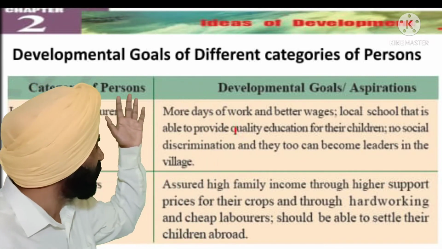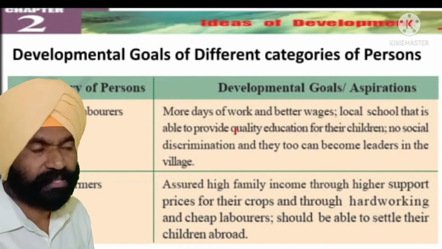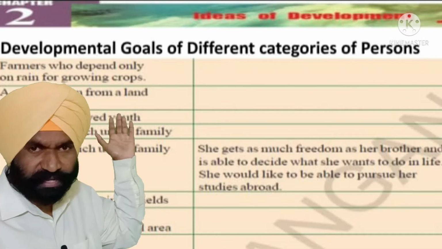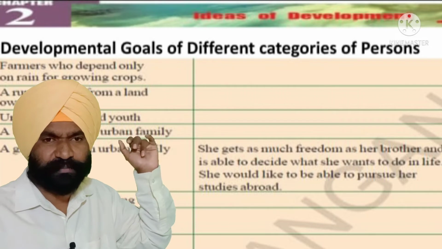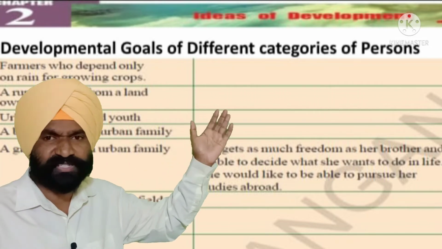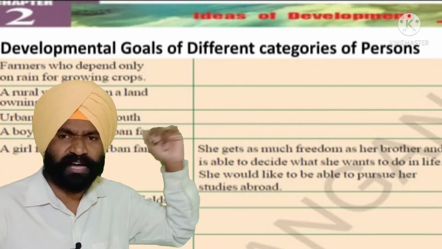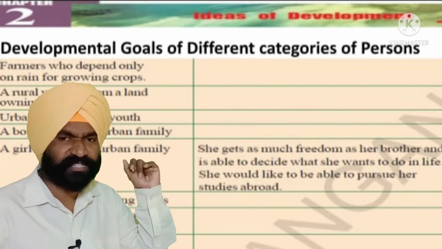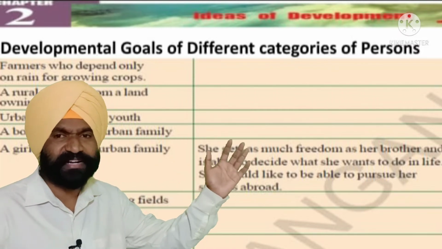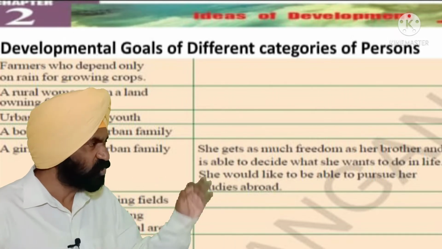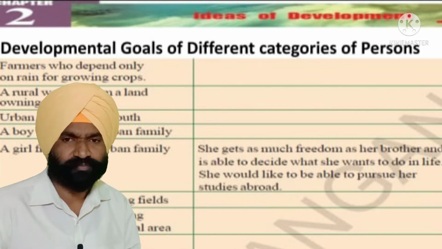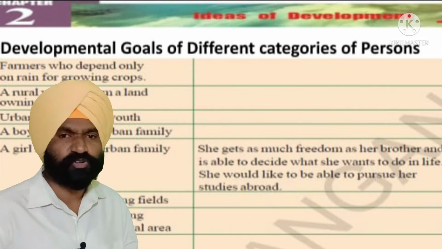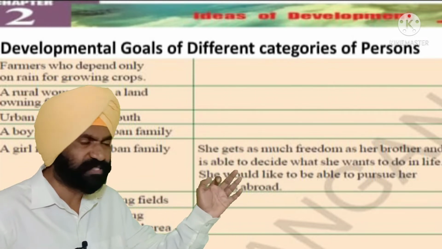Simultaneously, different categories of people are given here. Different categories of people have different ideas of development. A girl from a rich urban family wants as much freedom as her brother enjoys, and she also desires to take decisions on her own about what she wants to do in her life, and would like to be able to pursue her education and studies abroad.